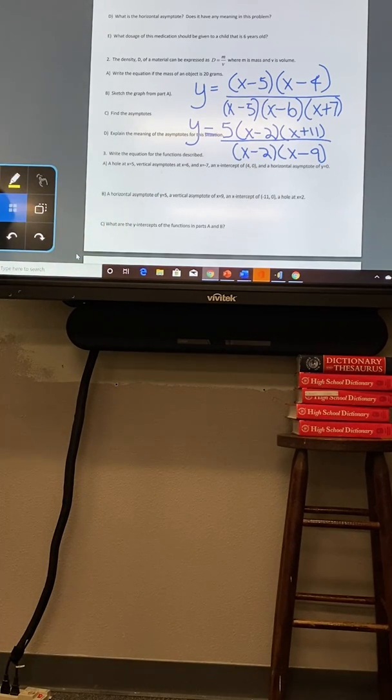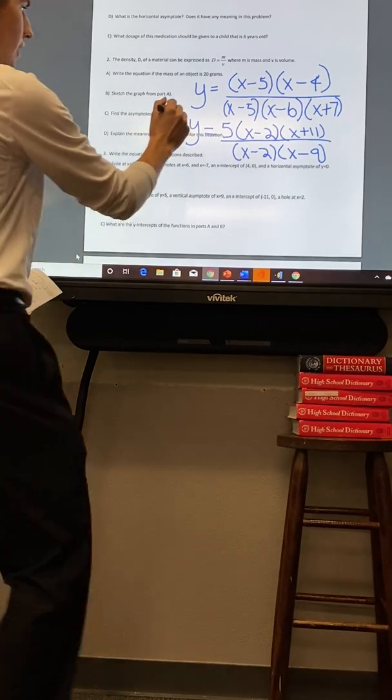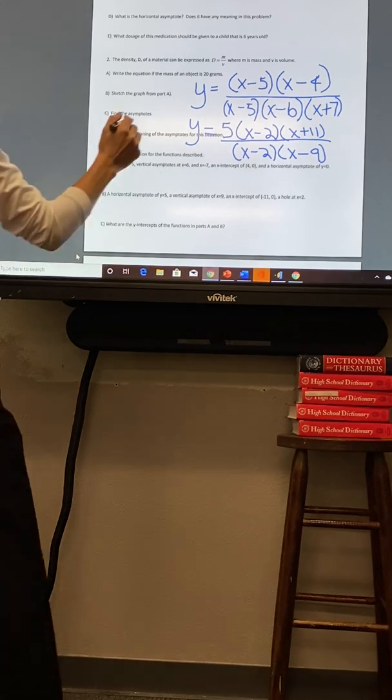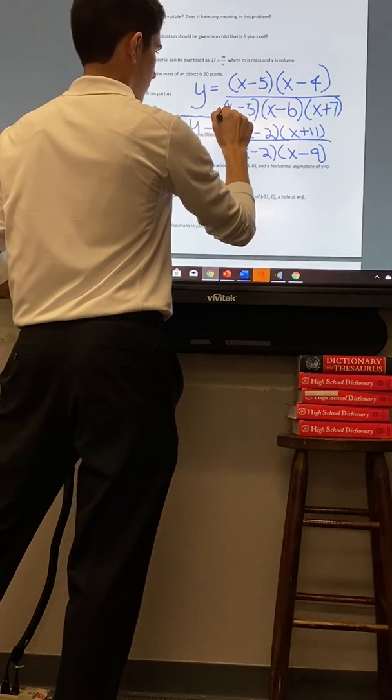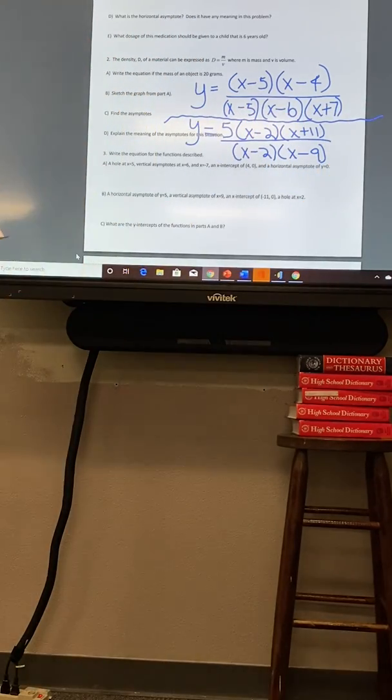Now we want to look at C, which is finding the y-intercepts of both A and B. I'll separate these out so you can clearly see. That squiggly line separates our A and B. For C, we want to find the y-intercepts, so we set all of our x's equal to 0.